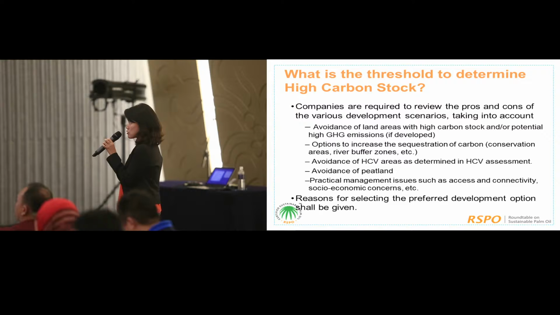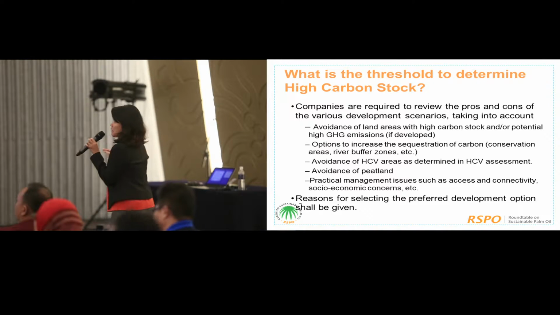And I would say also RSPO is not at that point where we can do this. I'm not sure, come the next P&C review, whether the RSPO will be brave enough to say this is the one value that no one can go and clear after. So we'll see what happens. But at the moment, there is no threshold.